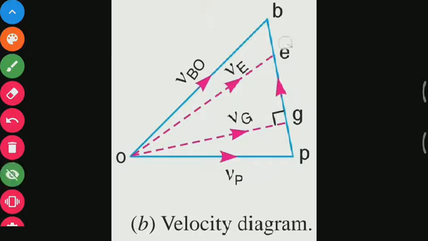So we can locate the points E and G on vector PB. Then join points O and E. Similarly, point OG you can join and show the direction. In this way, this is the velocity diagram of the given space diagram.